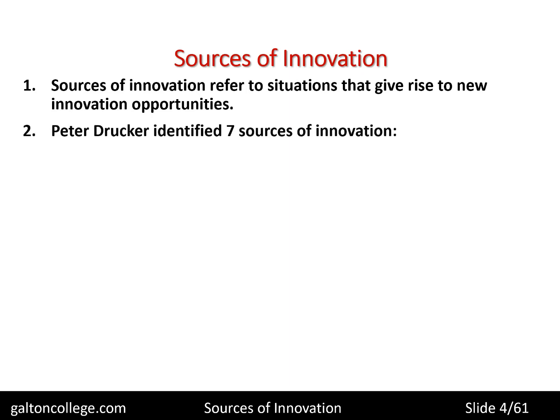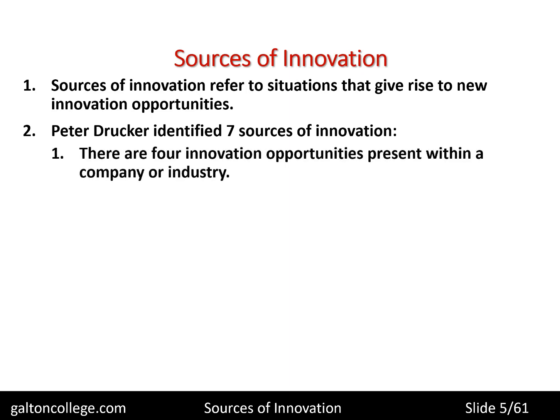Peter Drucker identified 7 sources of innovation. There are 4 innovation opportunities present within a company or industry. So of the 7 he identified, 4 of them are internal to the organization.